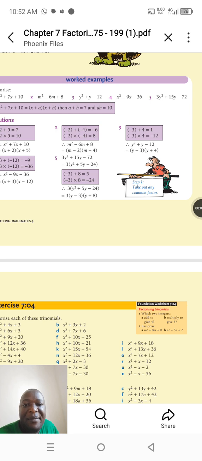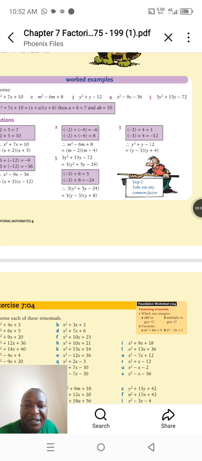These numbers are negative 3 and 8. So negative 3 plus 8 gives us 5, and negative 3 times 8 gives us negative 24. So the final factorized format of the expression is going to be the 3 that we factorized out, into the variable y minus 3, into y plus 8.